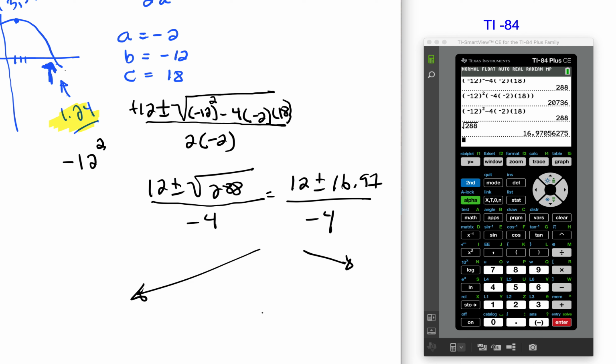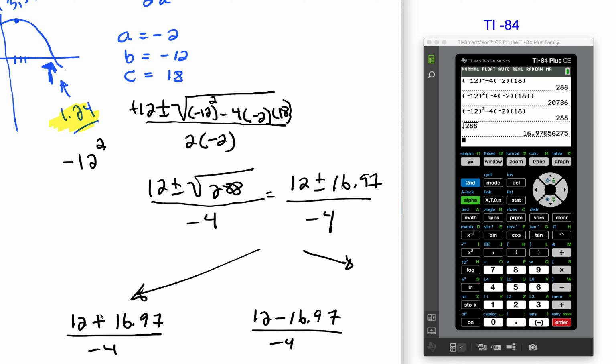The first problem is 12 plus 16.97 over negative 4, sorry, that should be just 12, not negative 12. And then the next one is 12 minus 16.97 over negative 4.